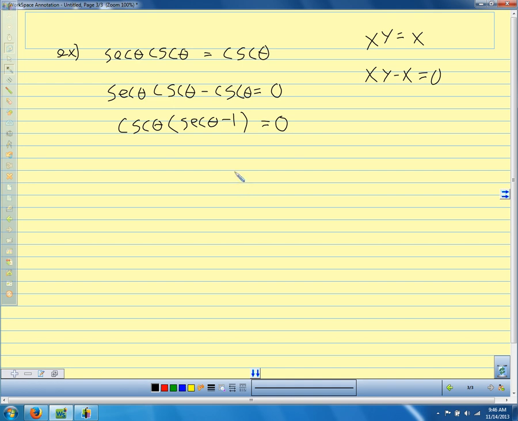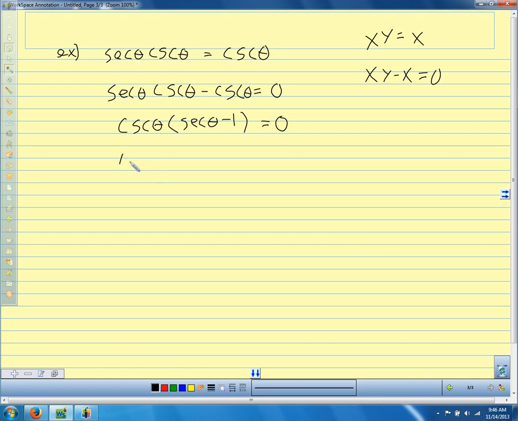Now what does this problem tell us? I have two things that are multiplied together that equals 0. So how do we solve an equation like that? One or the other has to equal 0.